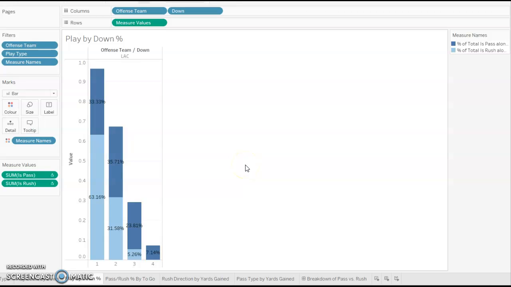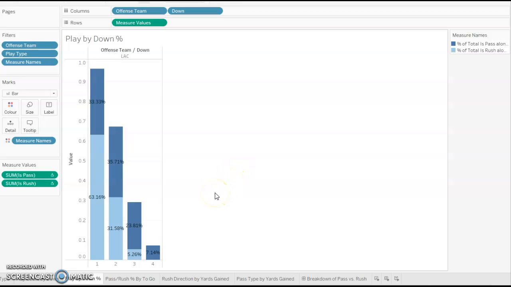Looking at these measures, we were able to figure out, okay, now we can dive a little bit more into the per down breakdown of how they are attacking our defense, basically.